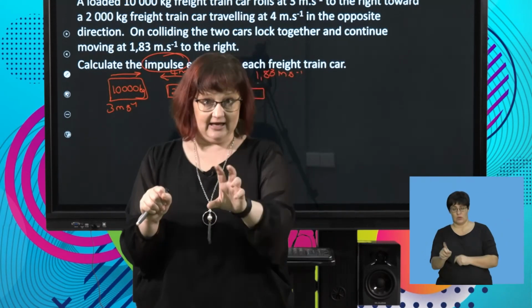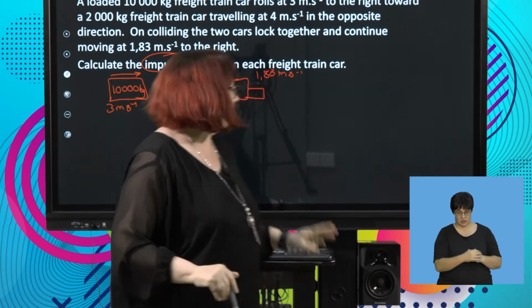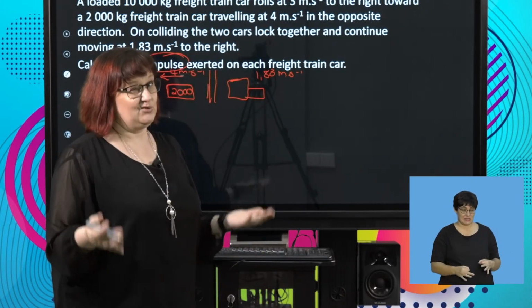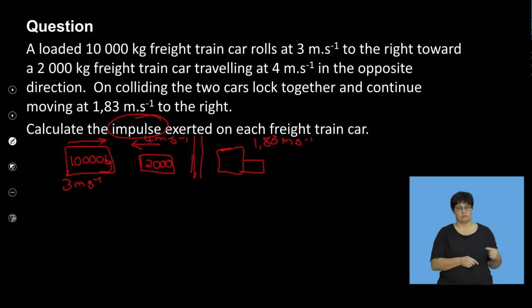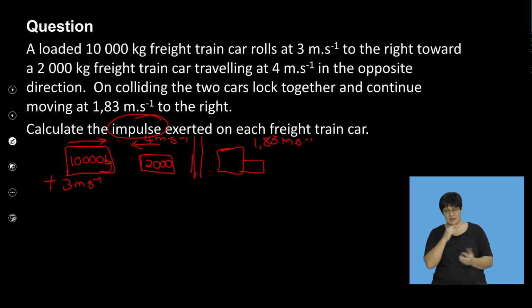I can't add the masses together because I want the impulse exerted on one and the impulse exerted on the other. So we're going to separate it. Now, we need to make a decision as to the positive direction. I'm going to make to the right positive because once they had collided, they kept going right. It just makes sense to me.